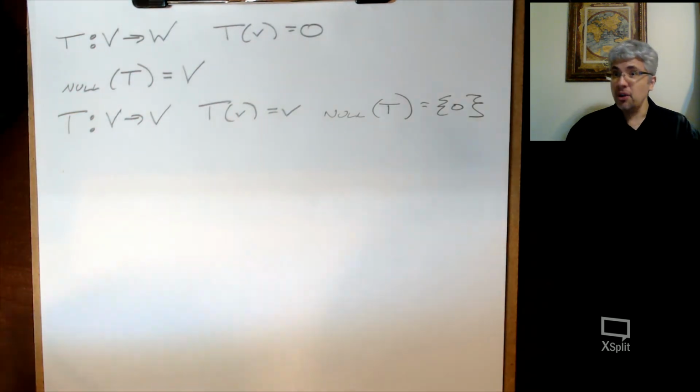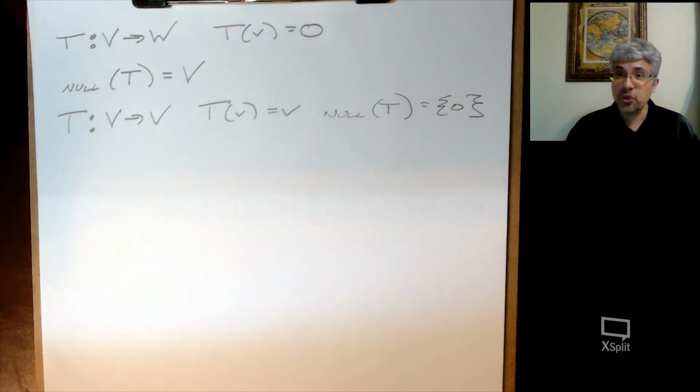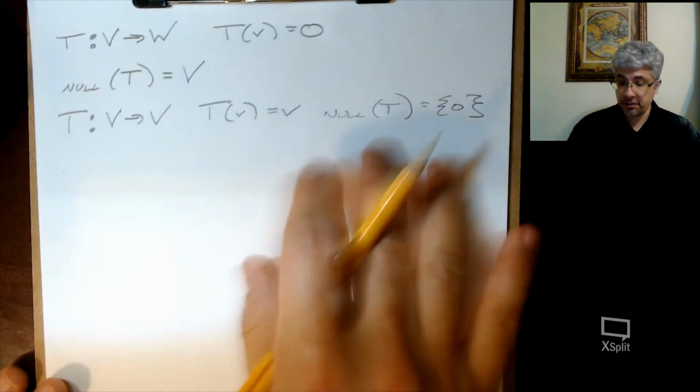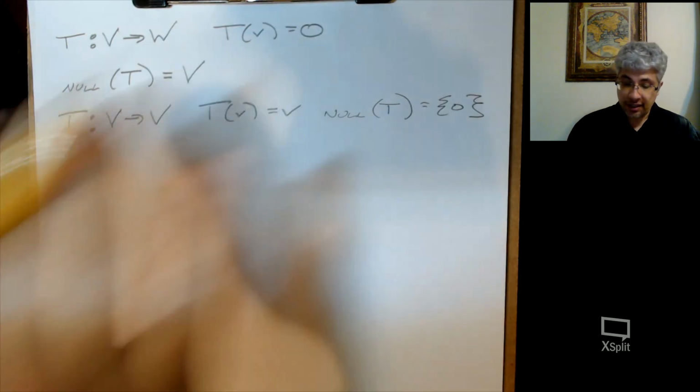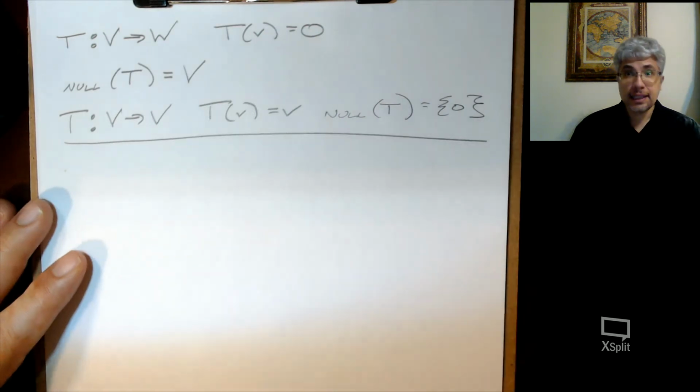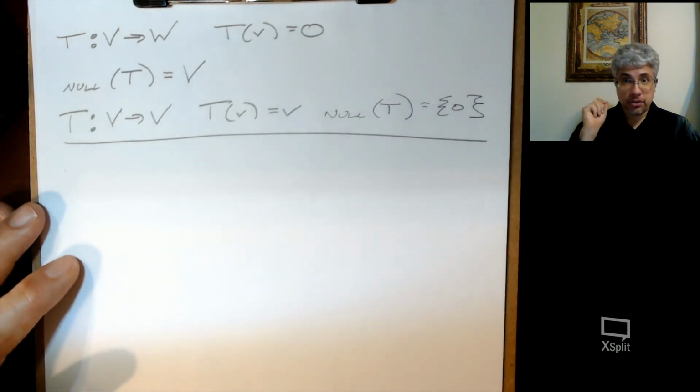Whatever weirdness you could imagine, you can always take this transformation and that transformation, and these will always be the answers. This will always be the null space of T, and this will always be the null space of T in that example.